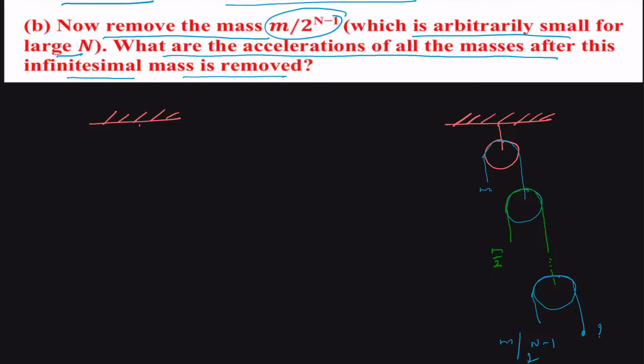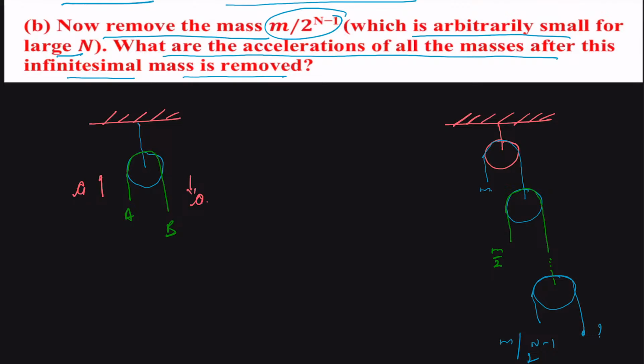So this is the basic Atwood machine, and suppose on the left side we are having a mass A, and on the right side we are having a mass of B. And we assume that our mass A is moving upward with the acceleration a, so obviously mass B is moving downward with the acceleration a.